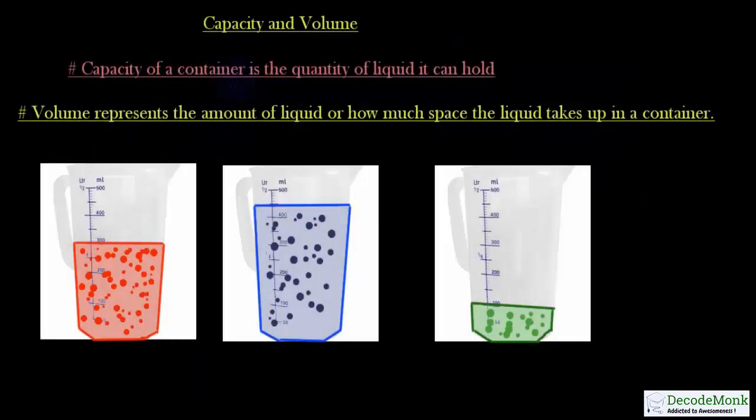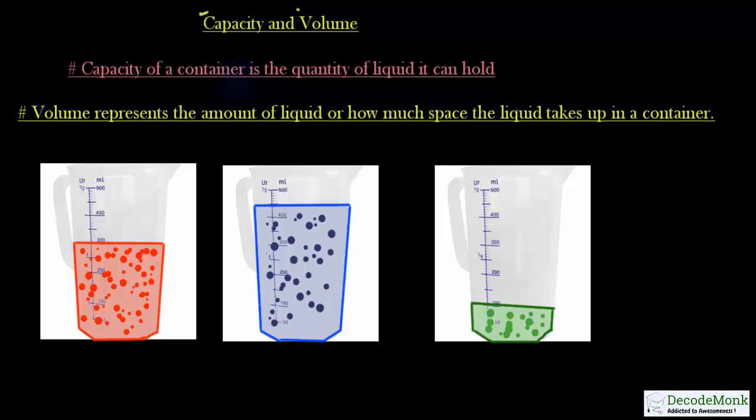Now let us summarize what we have learned till now. We have been told about capacity and volume. Capacity of a container is the quantity of the liquid it can hold. The maximum amount of liquid the container can hold is the capacity, and volume represents the amount of liquid, or how much space the liquid takes up in a container.